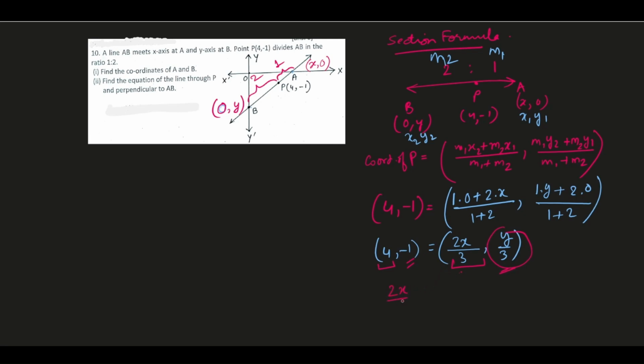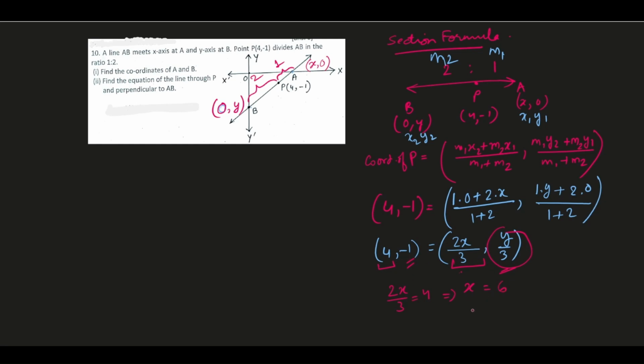Let's write here 2x by 3 is equal to 4. The value of x will be 3 into 4, this 3 goes there, so 3 into 4 becomes 12, and then this 2 comes down. So 12 by 2, that is 6.